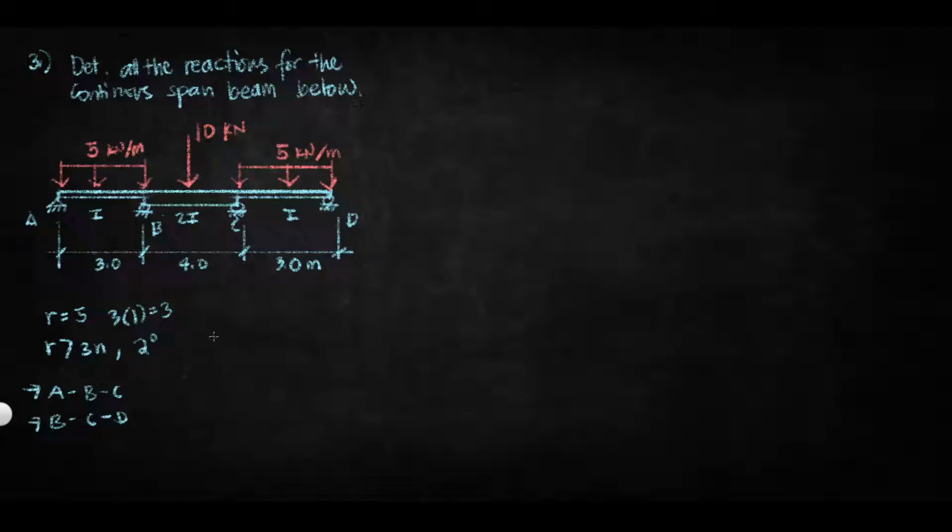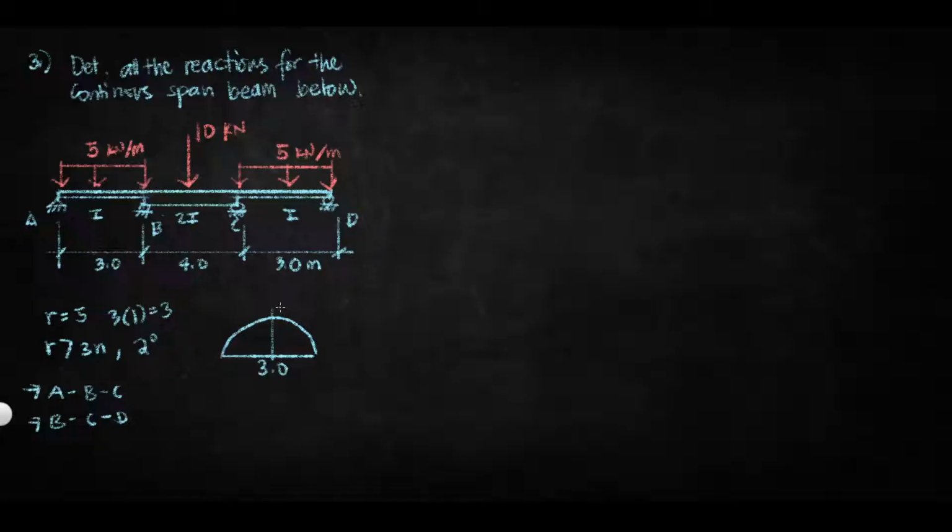Okay, so for this, we solve first, no? Para mas maganda yung flow natin. Solve muna natin yung for the uniform distributed load. Ito yung kanyang moment diagram. So what is the maximum height of this moment diagram? So I will know which is 3 meters.